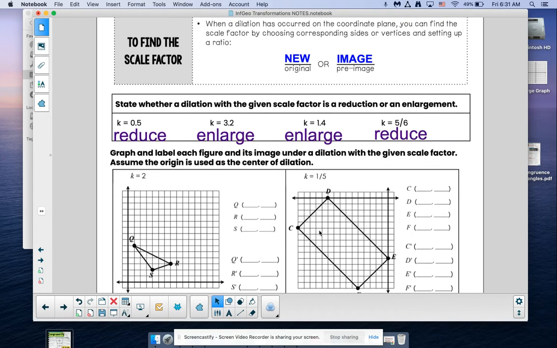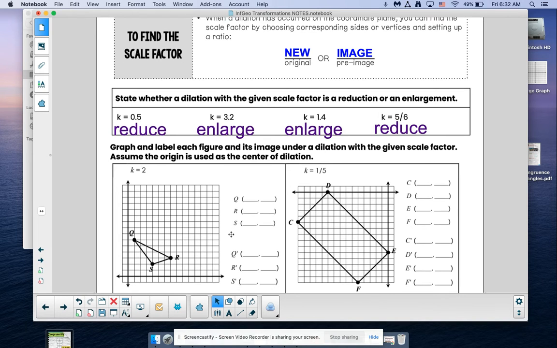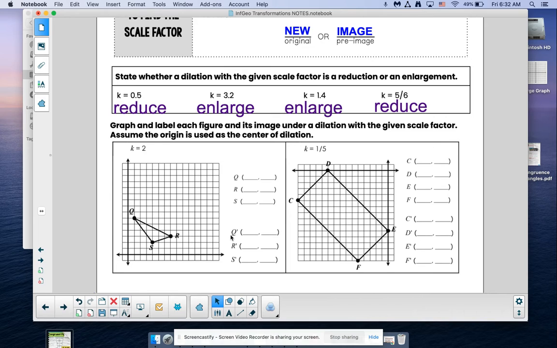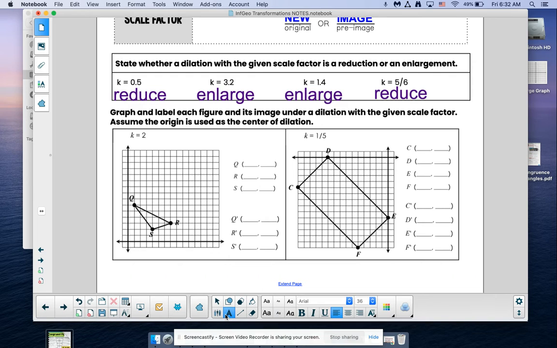Okay, let's see what we can do here. It says graph and label each figure and its image under the dilation with the given scale factor. Assume the origin is used as the center of dilation. Step 1 is we have to figure out what our original ordered pairs are. So where is Q at?